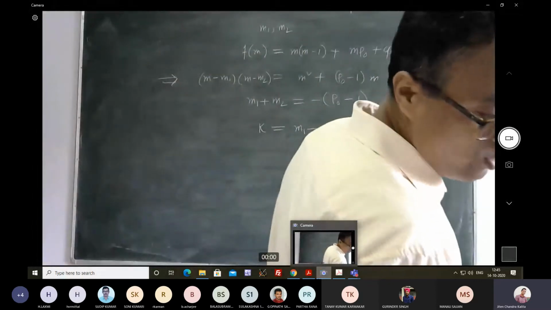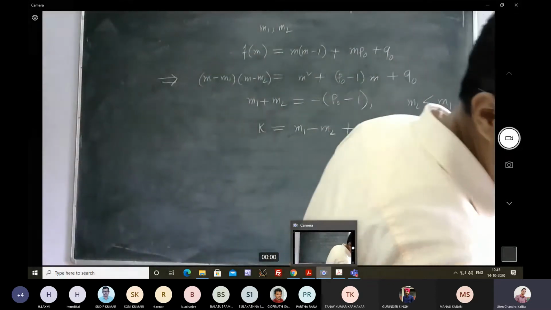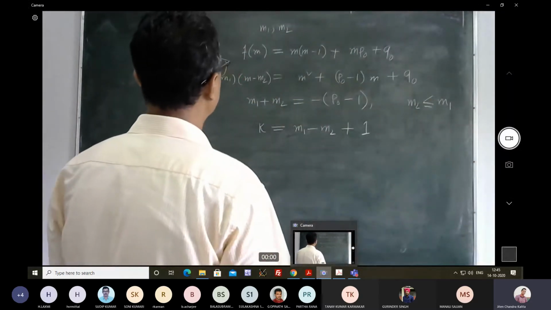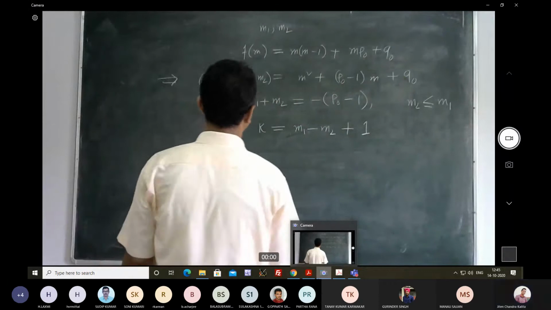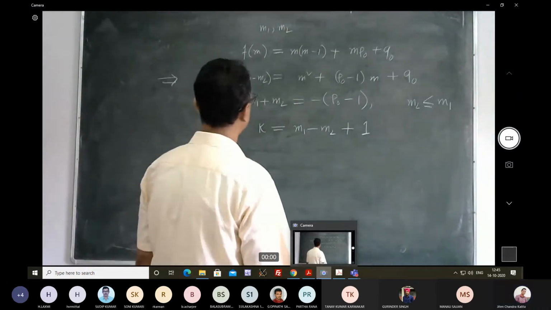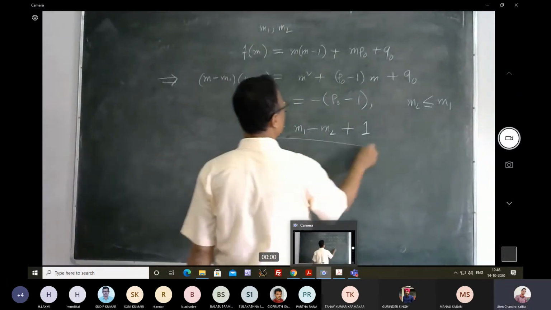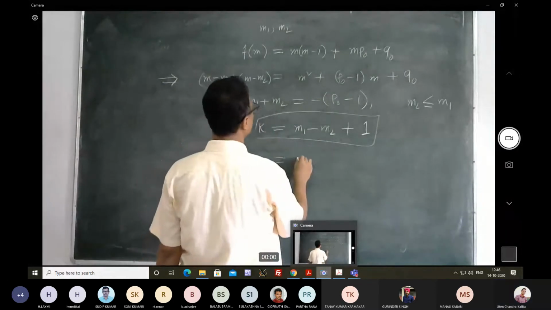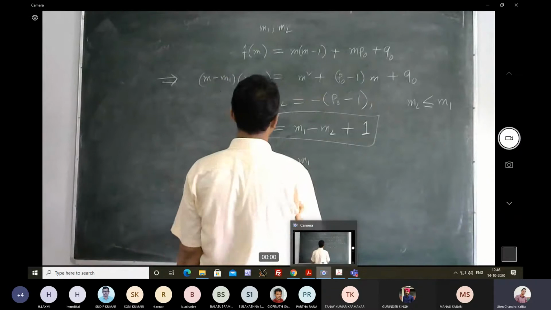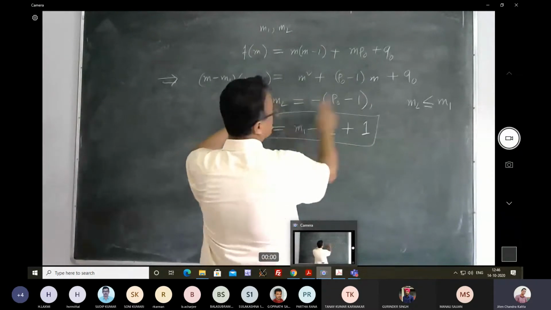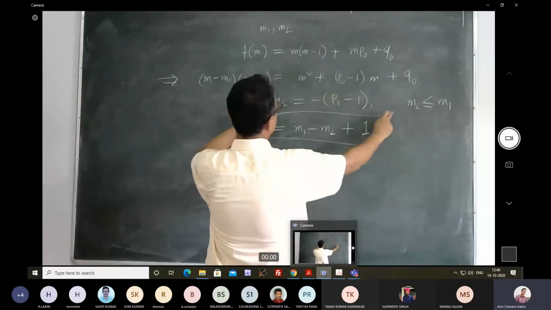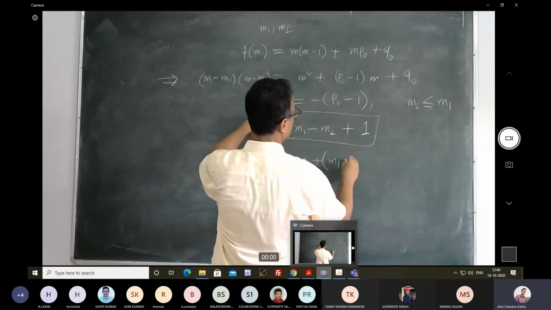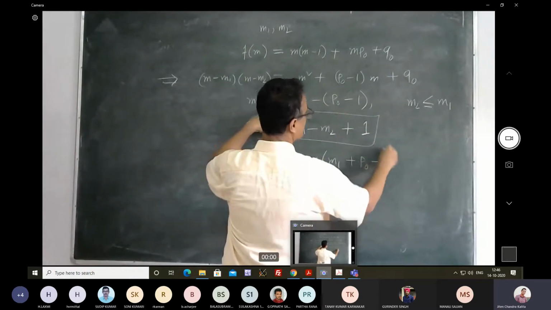So now, can you give me k in terms of m1 and p naught? If I assume k to be this, then if you transpose m2 to the right hand side, minus m2 becomes plus m1, plus p naught minus 1, isn't it?